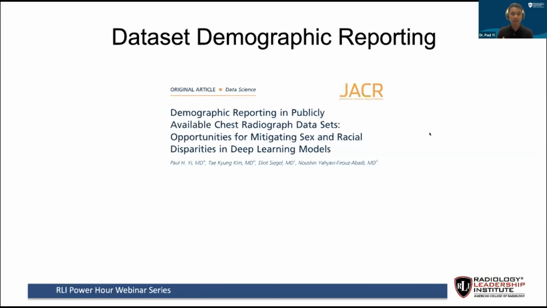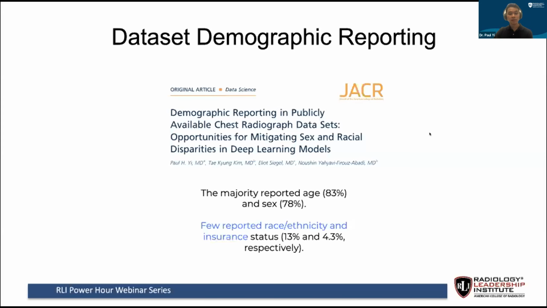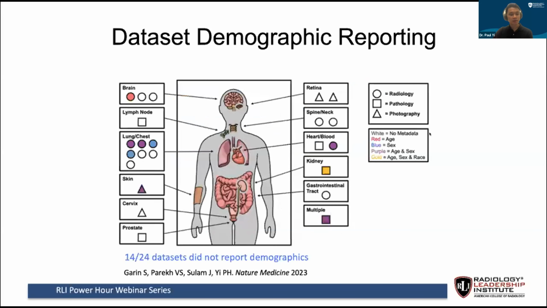We performed a similar study in JACR where we asked how often demographics are reported in chest X-ray data sets, and if so, what the actual breakdown is. We found some good news. The majority did report age and sex, but very few reported race and ethnicity, and pretty much all but one didn't report insurance status. We've also looked at this in Kaggle datasets.